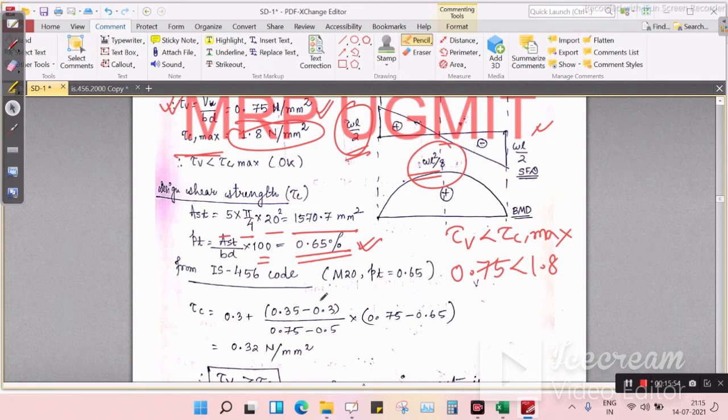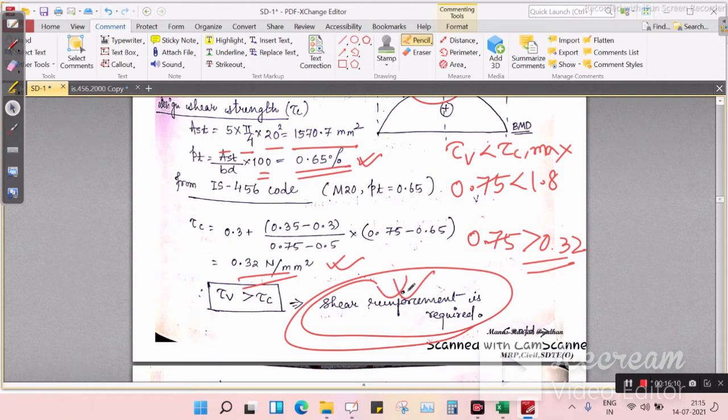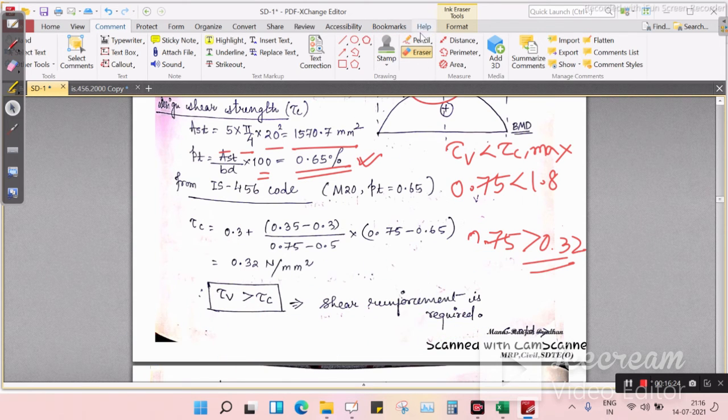So what we got is 0.32, but our tau V is 0.75, so 0.75 is greater than 0.32, so shear reinforcement is required. If the case was different, like tau V less than tau C, we would have to check minimum shear reinforcement. But our case is tau V greater than tau C, so shear reinforcement is required.